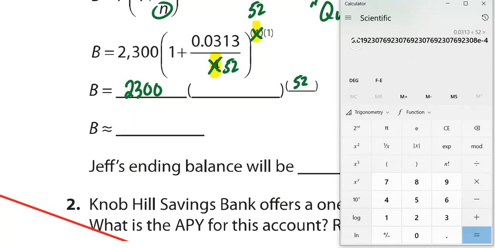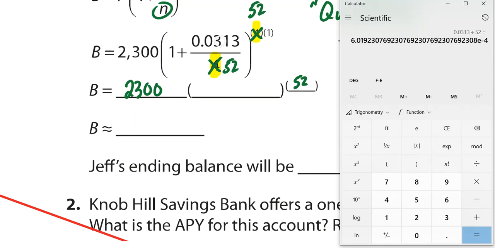I know we've got these long decimals, and that's one thing to avoid, but also we've got this e to the negative fourth power. That's basically scientific notation here, and we should add 4 zeros to the left of this. But I'm not going to bother with that because I can actually store this number in the calculator and retain all of those decimals inside. So I'm going to leave that alone, and we've just completed this division.